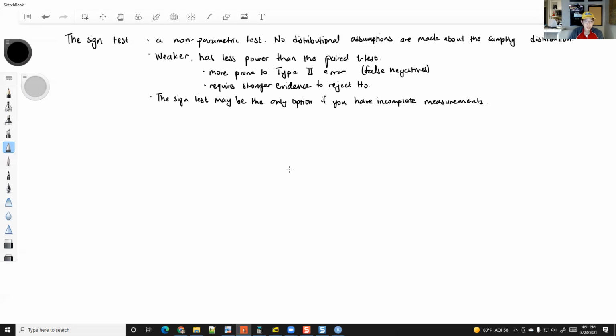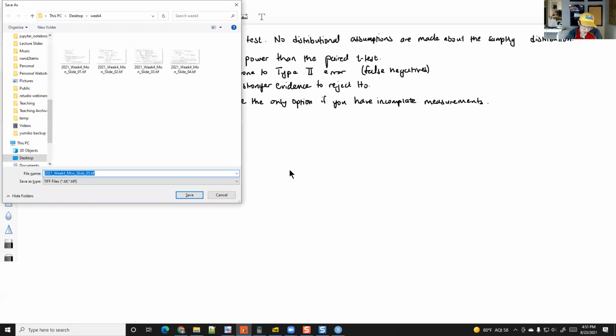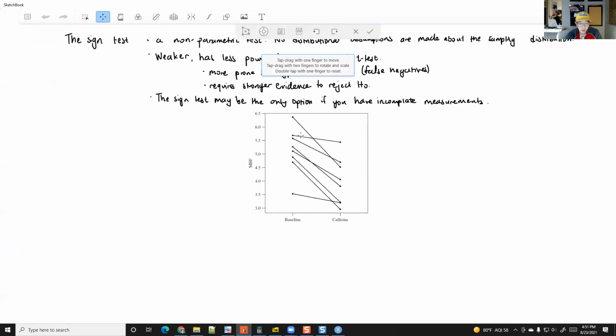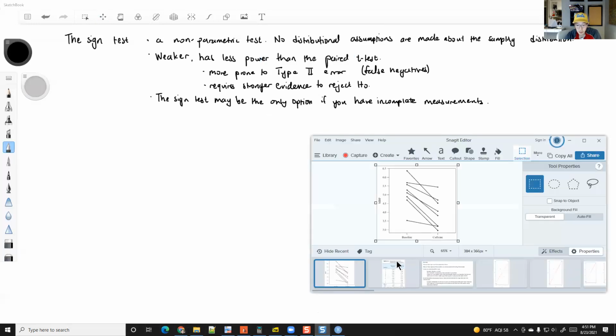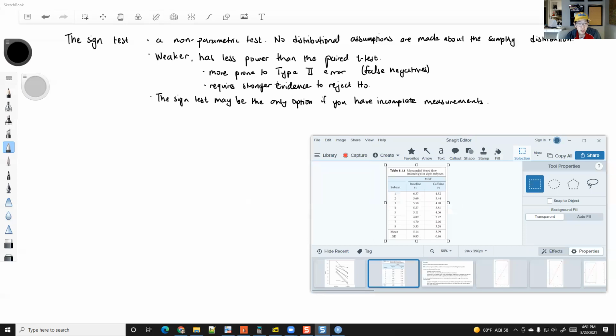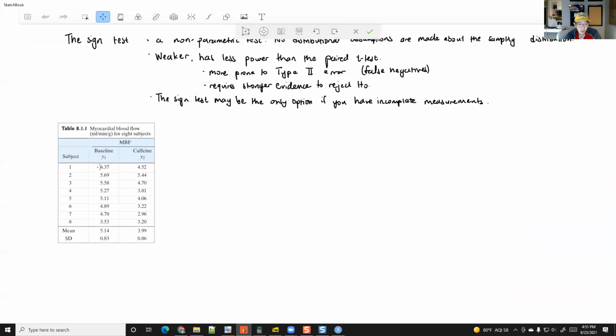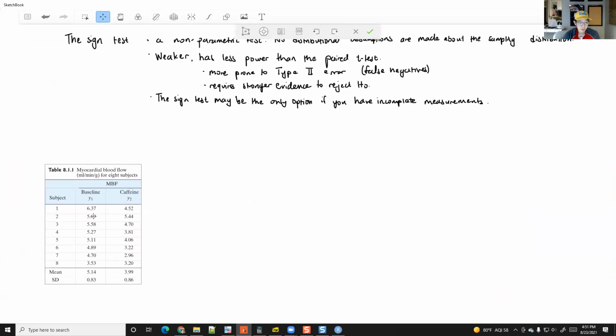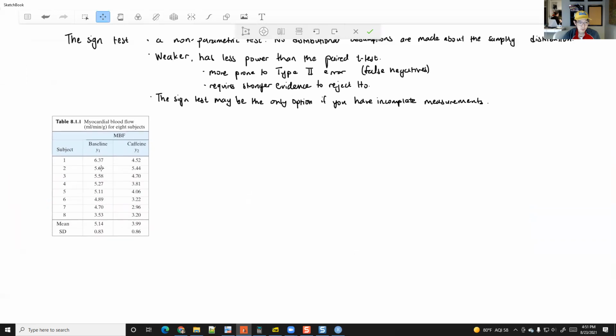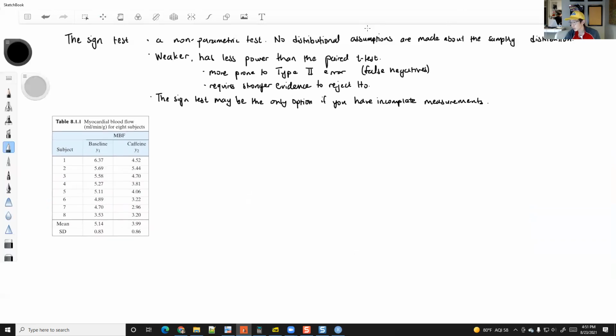Okay, so let's try an example. Let's just use the same example that we've been running. All right, and so the way the sign test works is basically you look at whether the change is positive or negative.